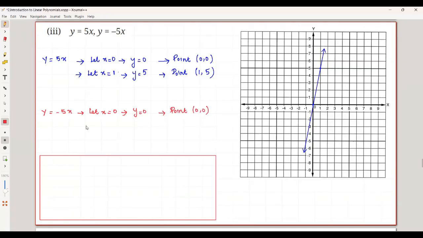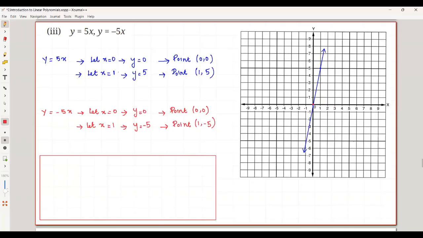Next I'm choosing x is equal to 1. If x is equal to 1, minus 5 into 1 is minus 5, so y is equal to minus 5. So you'll be getting the point 1 comma minus 5. Just plot the point 0 comma 0, and next 1 comma minus 5.